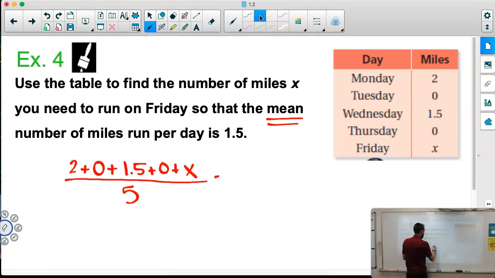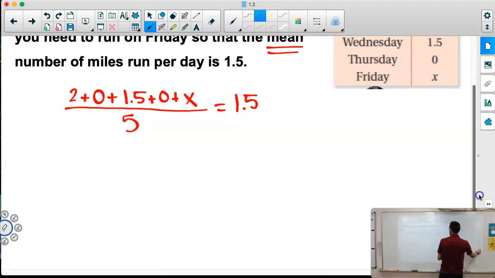And they say they want that total, the total mean, to be 1.5. Okay, this is kind of the equation. They want us to find out how far in order to get that. Notice we ran more than the average on the first day, but we didn't run some on these other days. So we might have to have a big run on Friday to kind of match that up.